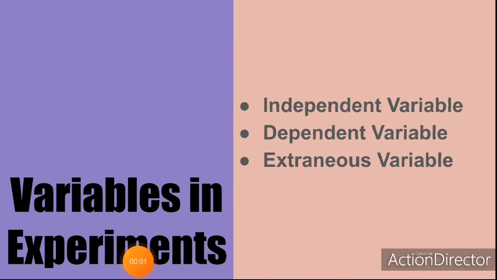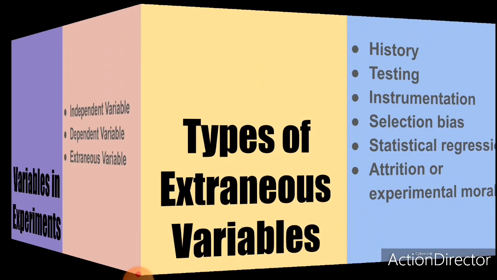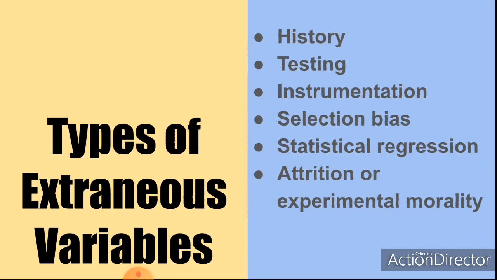Or we can say that extraneous variables are undesirable variables which cause error to an experiment. In an experiment, we try to remove or manage the effects of extraneous variables. Removing the effect of extraneous variable is called controlling, and the steps that a researcher uses to remove extraneous variables is called control.